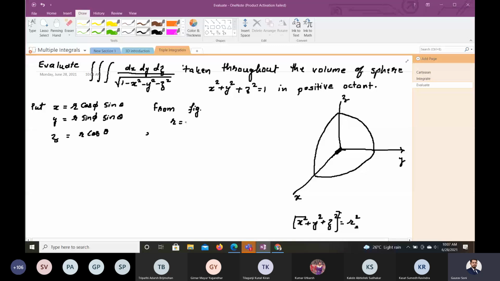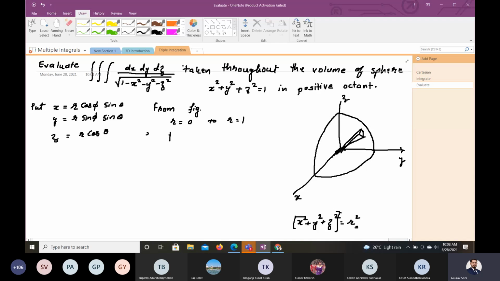The pillar will start from the origin and end at my surface. This is the surface over which we are working. What is the minimum distance from the origin for your volume, and what is the maximum distance? 0 to 1, exactly. So r is running from 0 to 1.